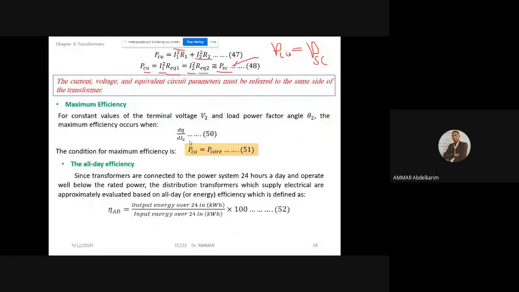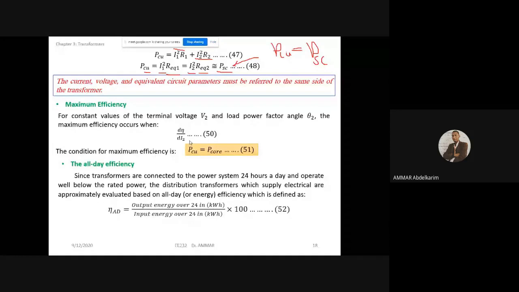Now let's see the maximum efficiency. So when is the efficiency of the transformer maximum, for a constant value of the terminal voltage V2 and the load power factor theta 2?